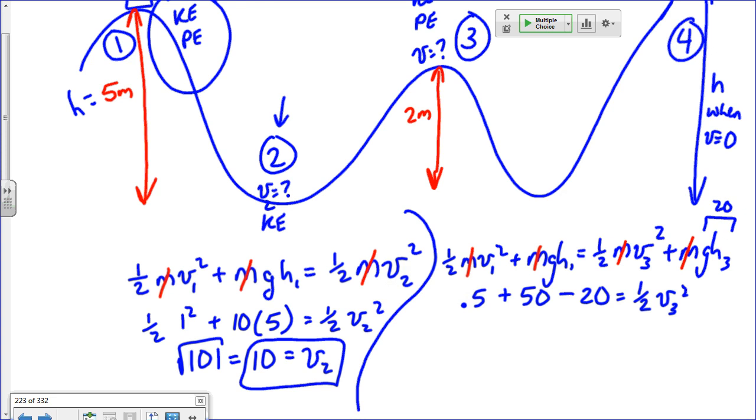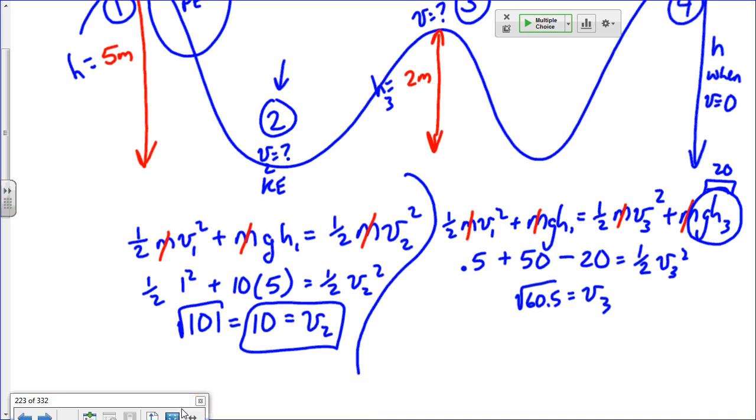That's 30.5. Square root of 60.5 is v3. So whatever that is, 7 point something. This g times h3 is equal to 20 because h3 equals 2 meters, and so 10 times 2 is 20.